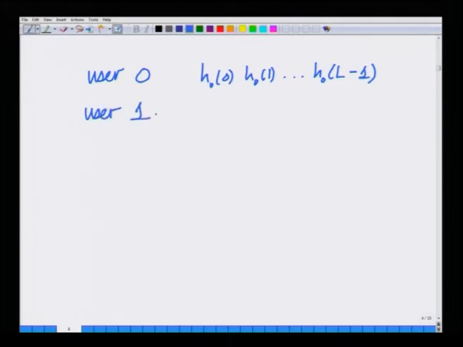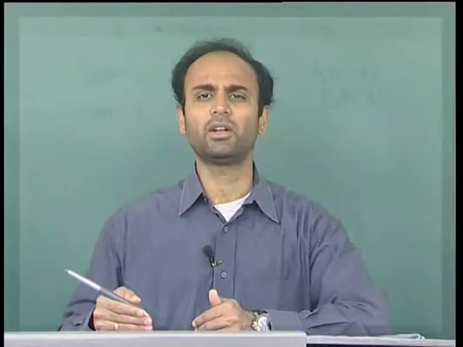User 1's signal propagates through his own multipath channel, which is H1 of 0, H1 of 1, up to H1 of L minus 1. I am assuming that the lengths of these different multipath channels are constant, so as to simplify the expressions a little bit, but without any loss of generality, you can assume that these different channels have a different number of multipath components, and the expression does not change. It is essentially the same.